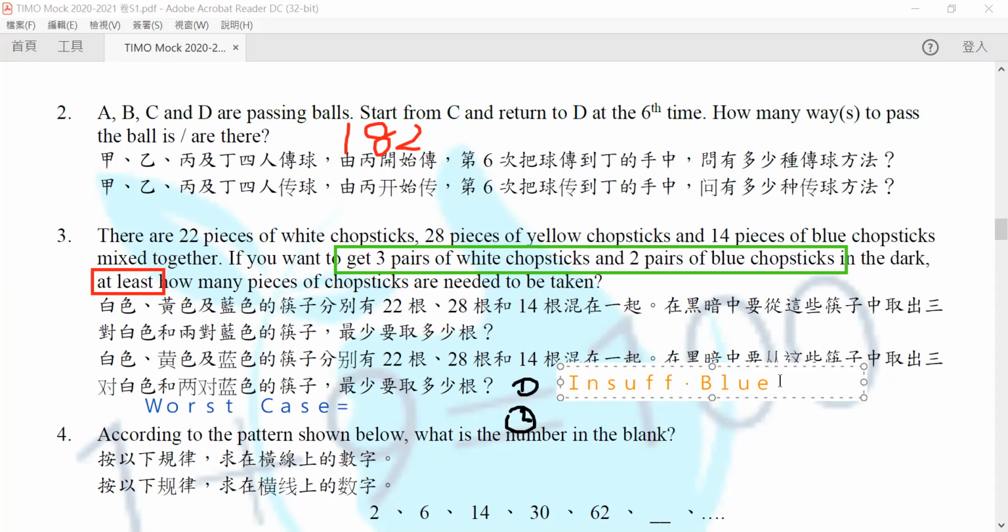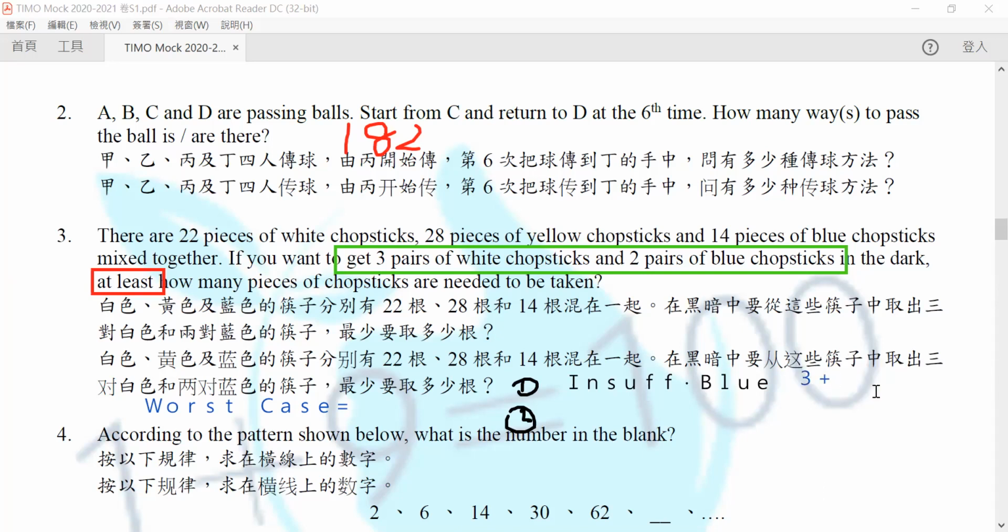If we have insufficient blue, then how many blue chopsticks can we take? Because we need to take 2 pairs, we can only take 3 blue chopsticks. But then we can take all the other chopsticks out.